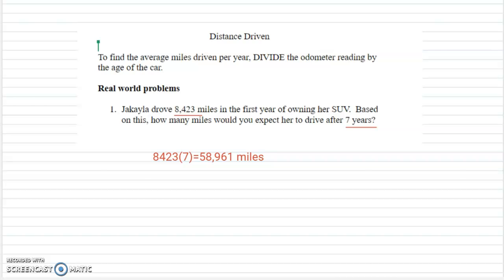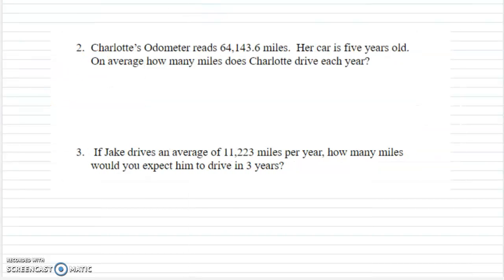Super simple. Question number 2 is similar, but it's almost like we're working backwards. It says Charlotte's odometer reads 64,143.6 miles. Her car is 5 years old. On average, how many miles does Charlotte drive each year? Since I'm going from 5 years back to 1 year, I want to split these miles up evenly over 5 years.